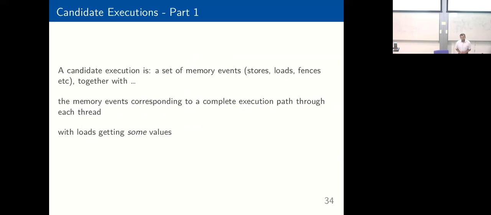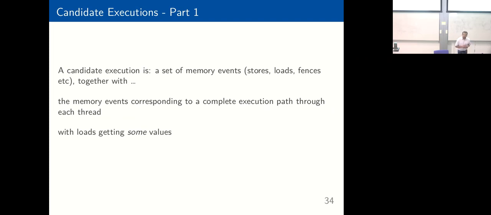So what's a candidate execution then? A candidate execution is just a set of memory events. Memory events meaning reads, writes, stores and loads, and possibly also the fence events that our program produces.